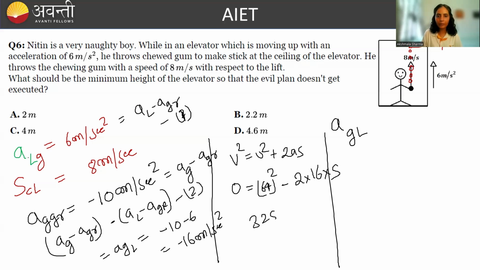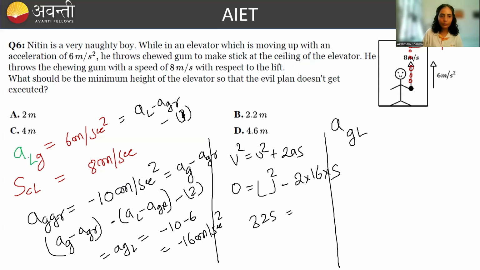So 32S will be equal to 64 into... okay, 64 square I have done, that mistake I have done here. This is 8 square, right?